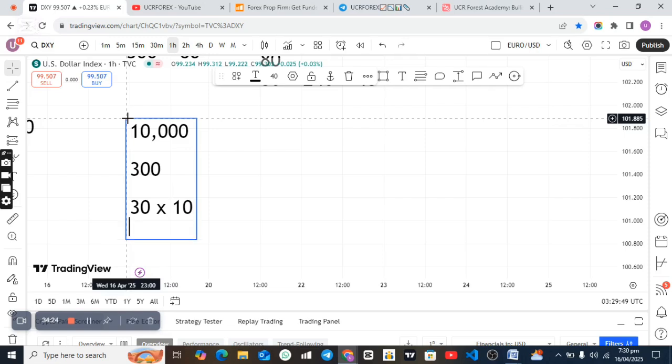Or better still, you can make 50 times 6. 50 times 6 will give you 300.